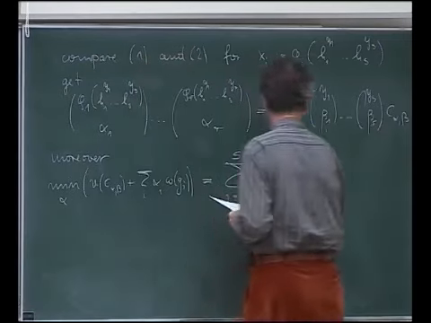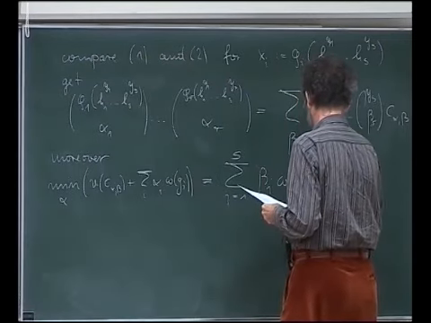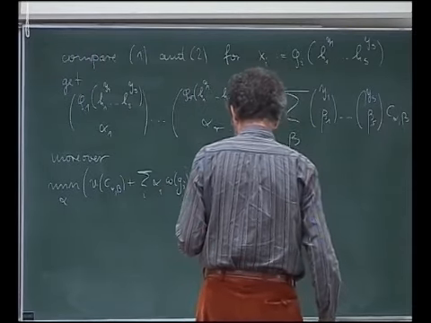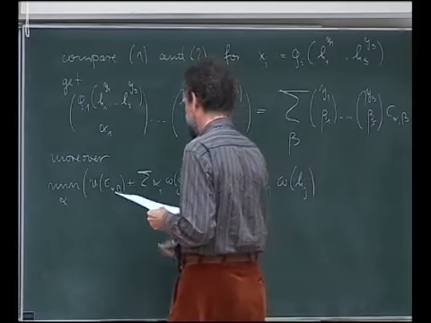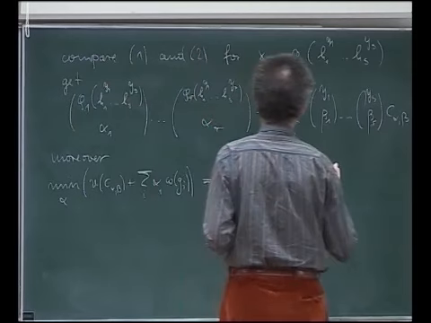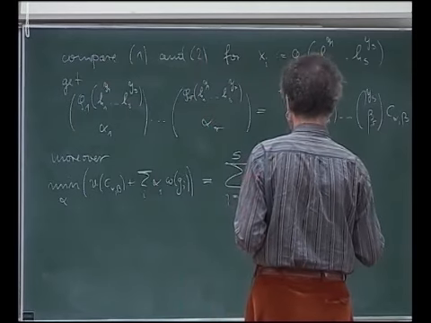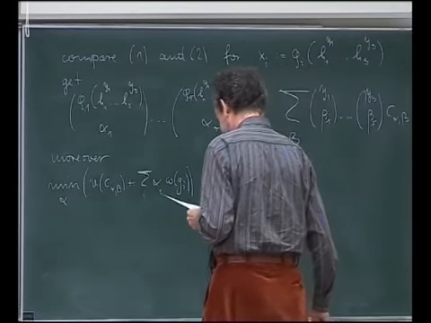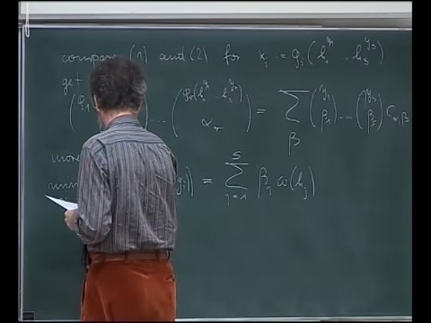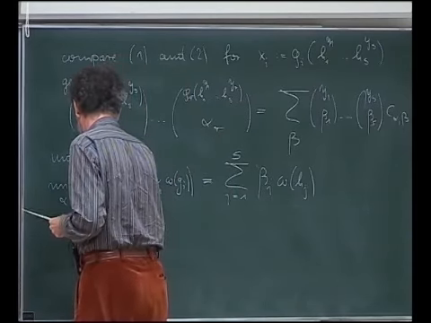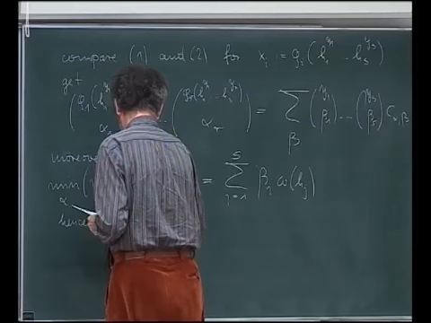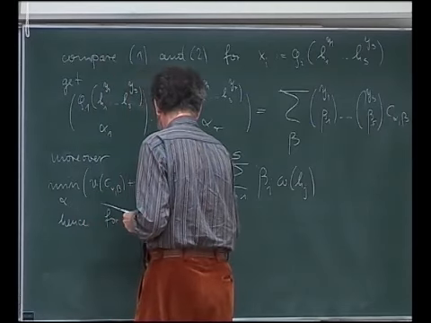So we get the sum of beta j times s, and then omega tilde of an individual factor is omega of the group element, so it's omega hj. I'm not sure that it is strictly necessary, but I always find it better to reassure myself that certain things converge, also in intermediate steps.